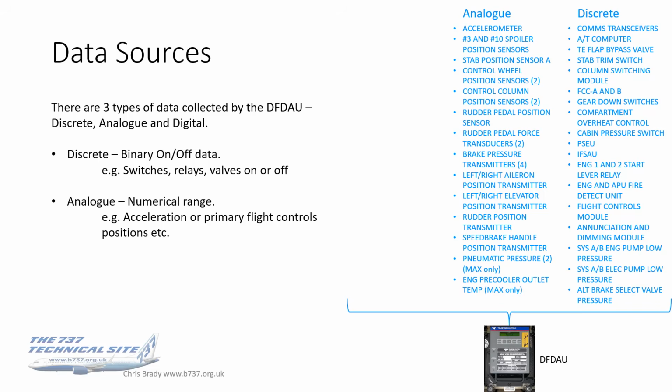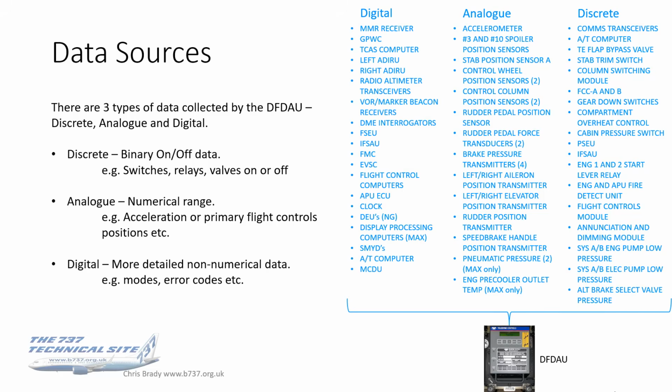Spoiler sensor position, so any primary flight control positions or control column positions, where there's a range of values. That's analog data. And the final type is digital data, and this is more detailed, sort of non-numerical data. So this could be things like modes, error codes, that sort of stuff.